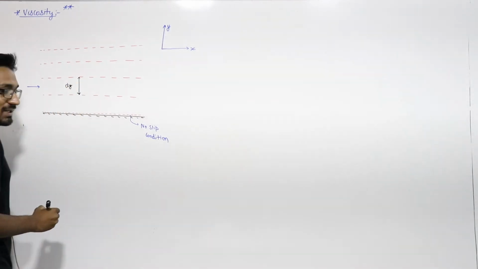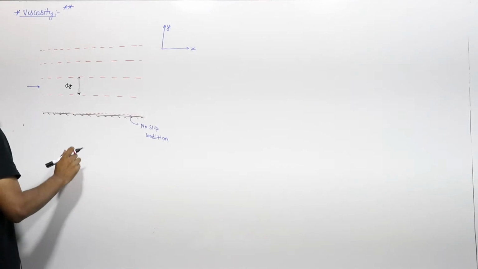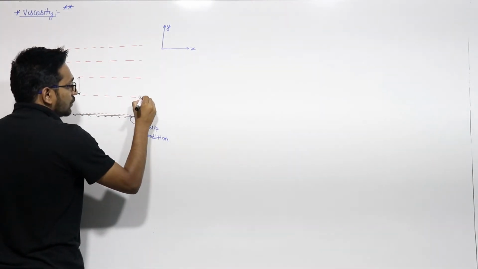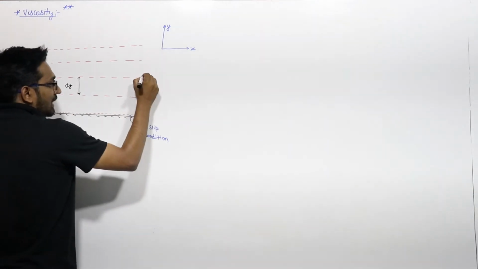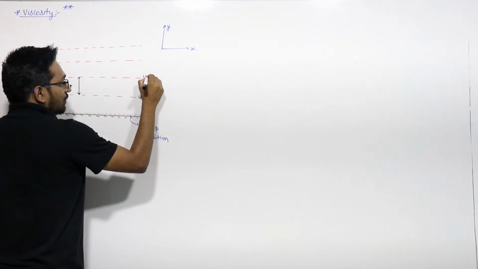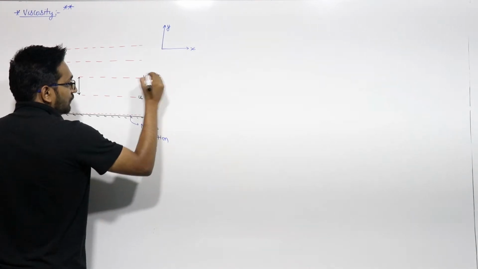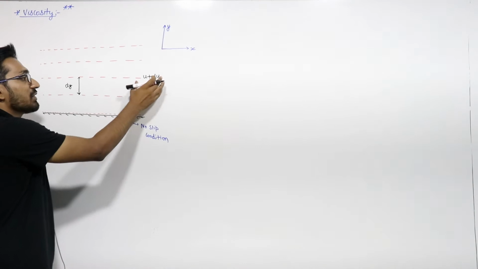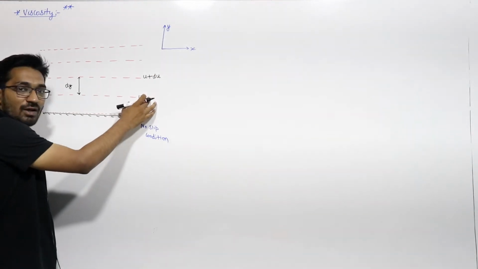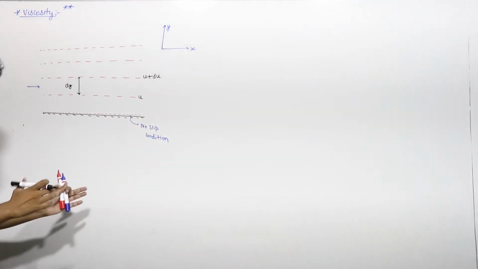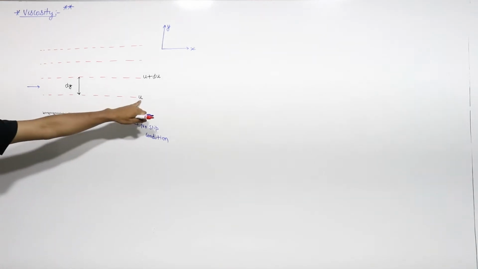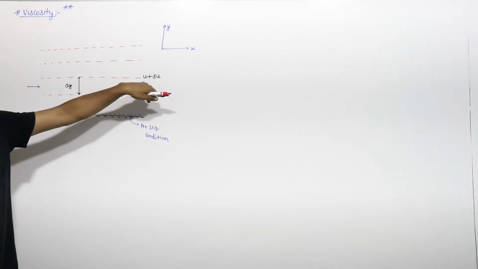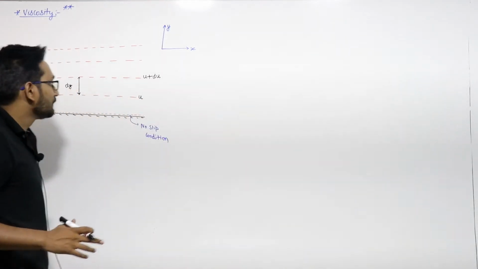Suppose the lower layer is moving with velocity u, then the upper layer is moving with velocity u plus du, because the velocity of the upper layer is more, as we know from our previous concept.